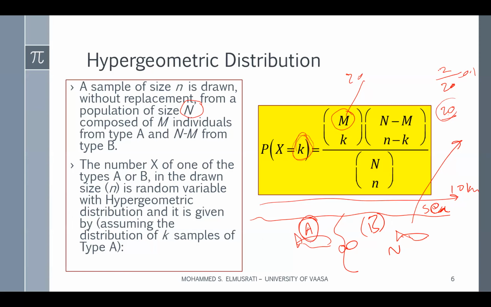The probability of K of A is equal to K out of M times N minus M, where N is the total number of the population, and M is the sample of kind A out of N minus K, divided by N out of N.